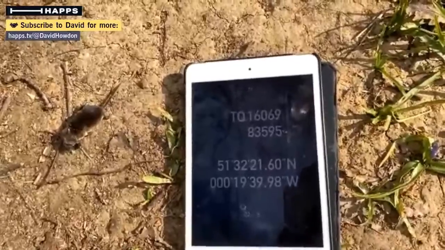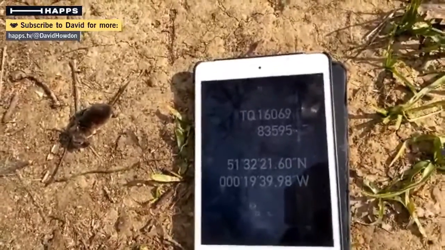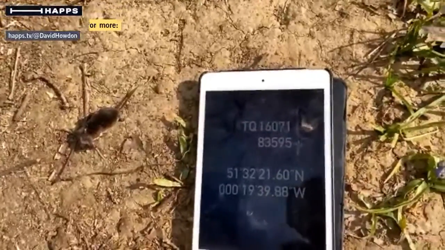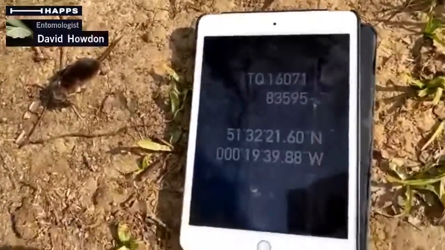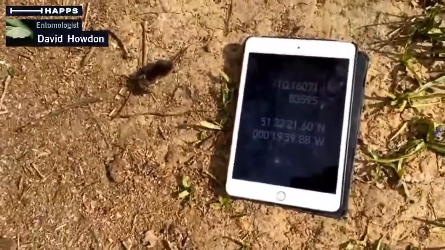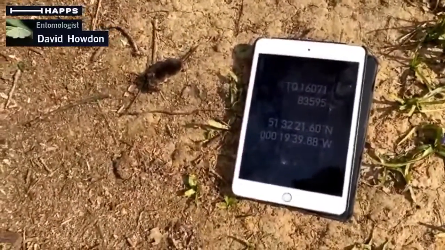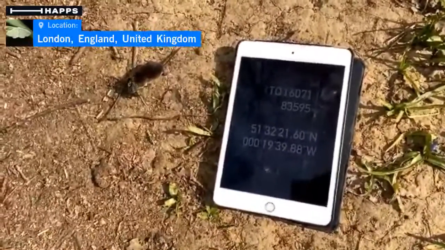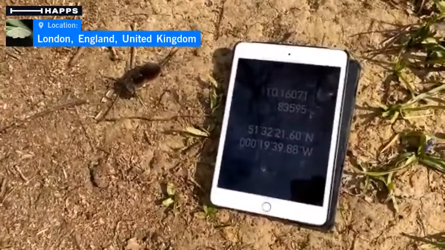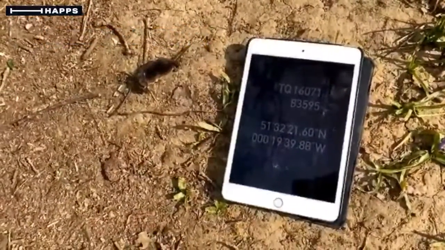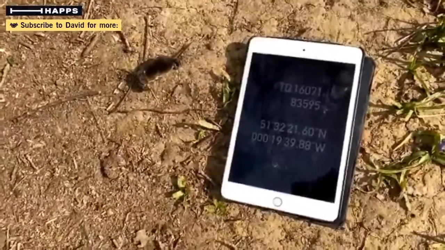That 10-figure grid reference is locating us to the nearest 1 metre square, so a square 1 metre on each side. But if you look down here, well, the device accuracy is only to 5 metres, so that's a bit pointless. So I would probably just record this to the nearest 1 kilometre square, which would be TQ1683. That's the way that works.